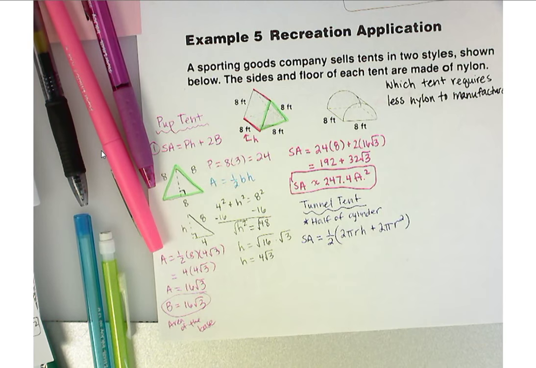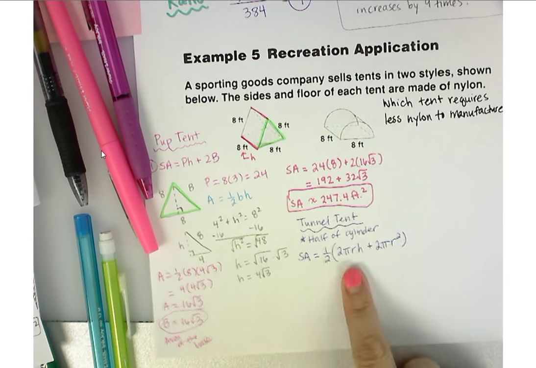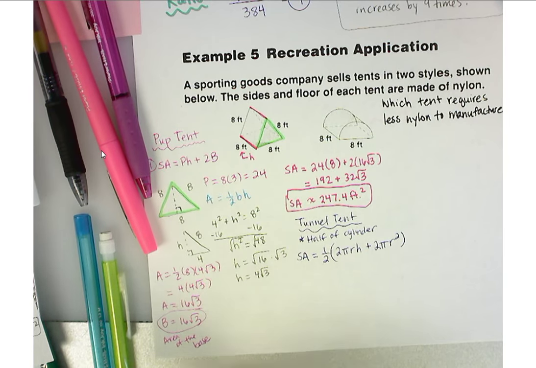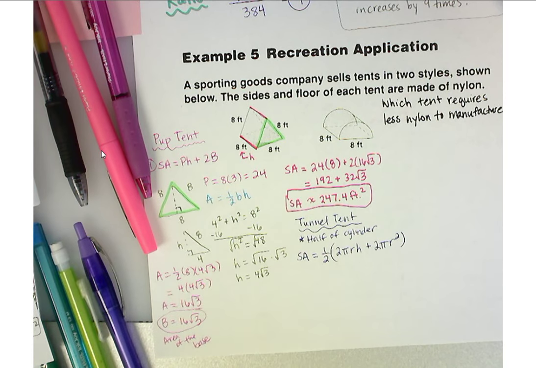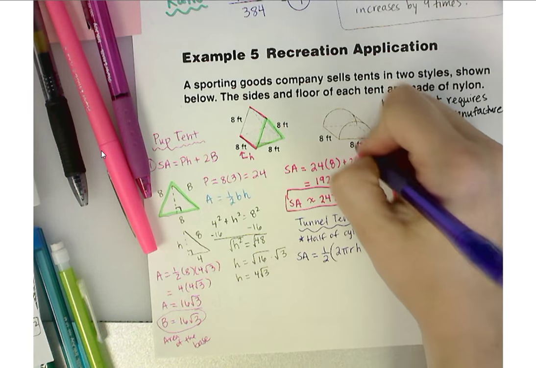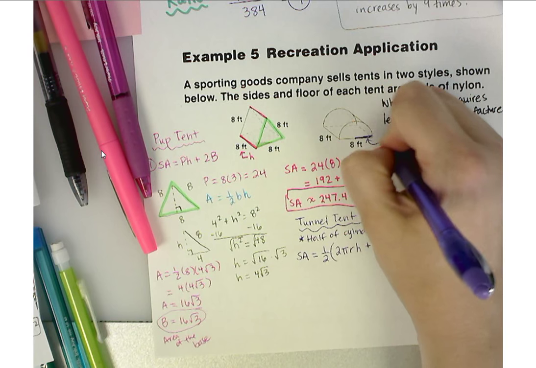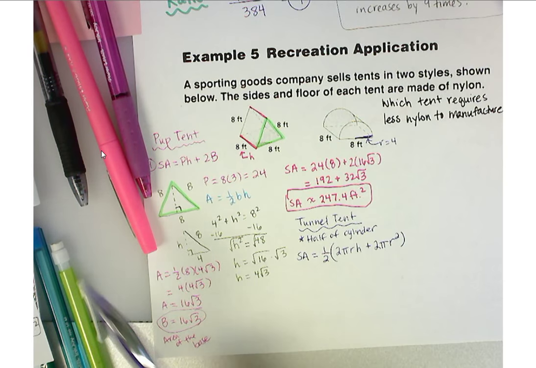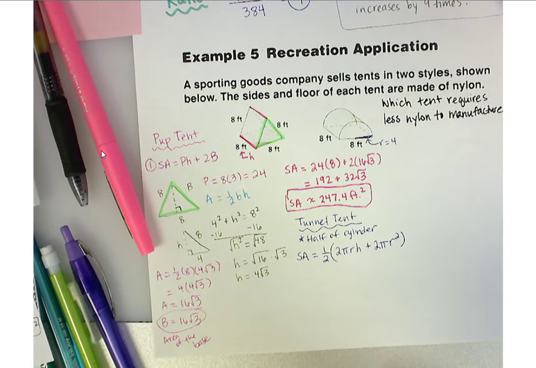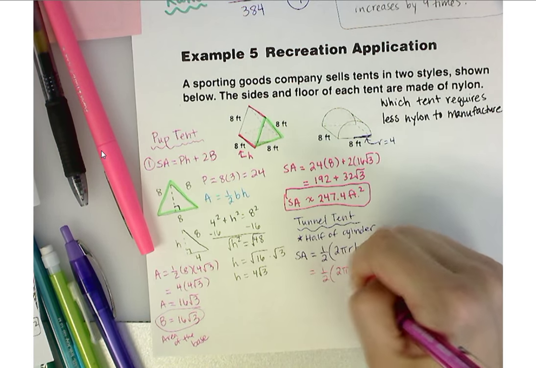Okay, and we can figure out what the radius is and what the height is. Okay, so Xavier, what's the radius for this tent I have here? 4 feet. It would be 4 feet, right? Because they gave us what? Which is the diameter, right? So the radius is going to be 4. Okay, so this will be 1/2, 2 pi. My r value is 4.